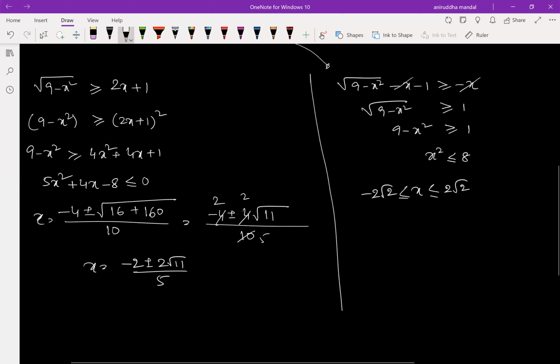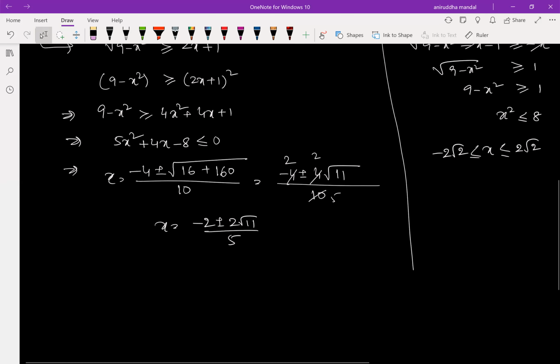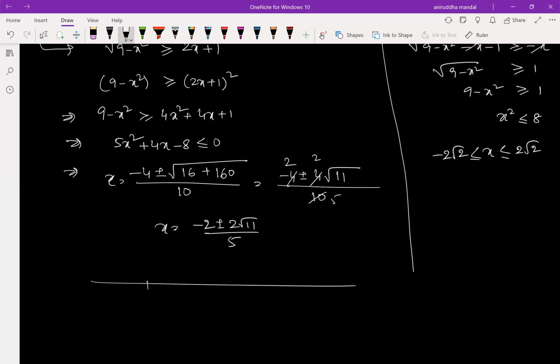Now if we plot this on our number line, we get minus 2 root 11 by 5, and this is minus 2 by 5.